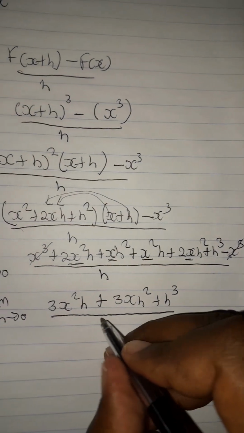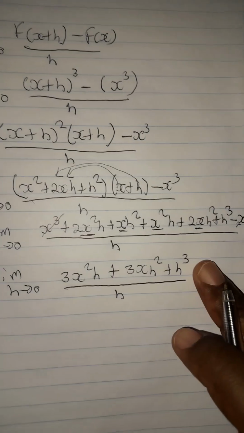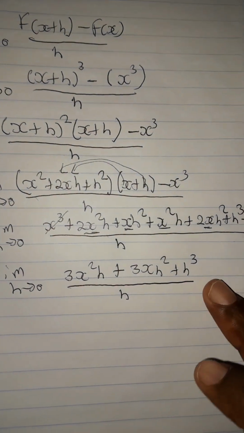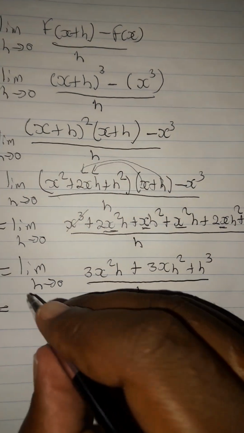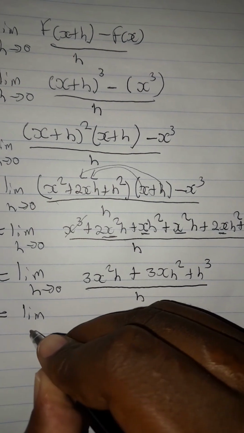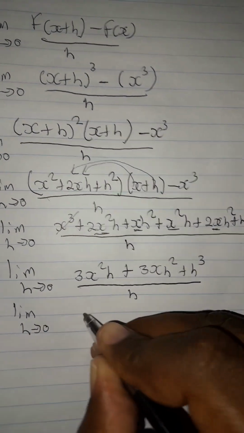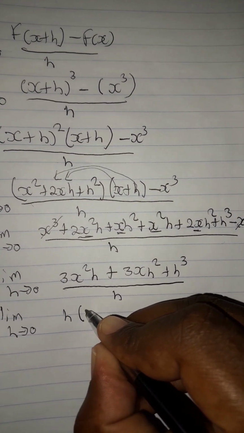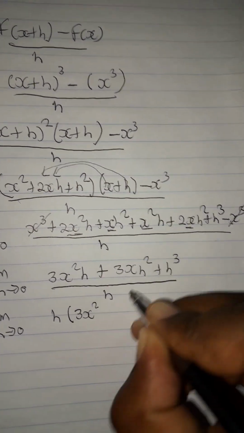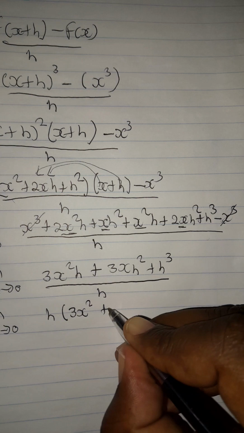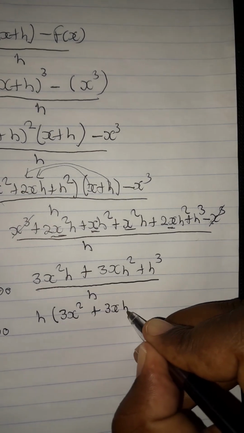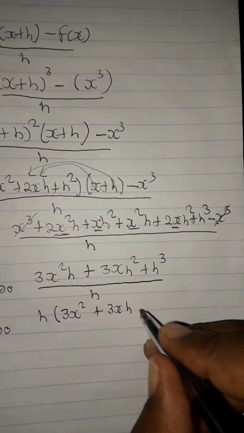All divided by h. Then from here we factorize by the highest common factor. What is the highest common factor from here? That will be h. So we are left with 3x squared. From here, what will be there? When we factor out, we are left with 3xh, because h times h is h squared.